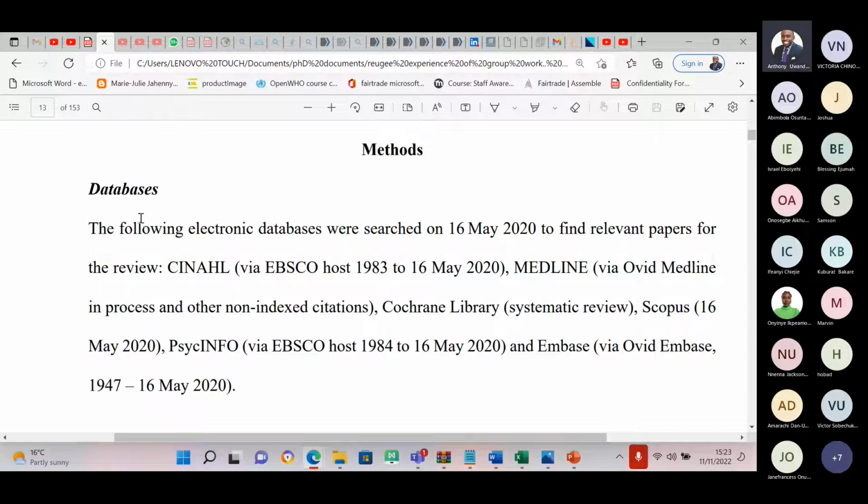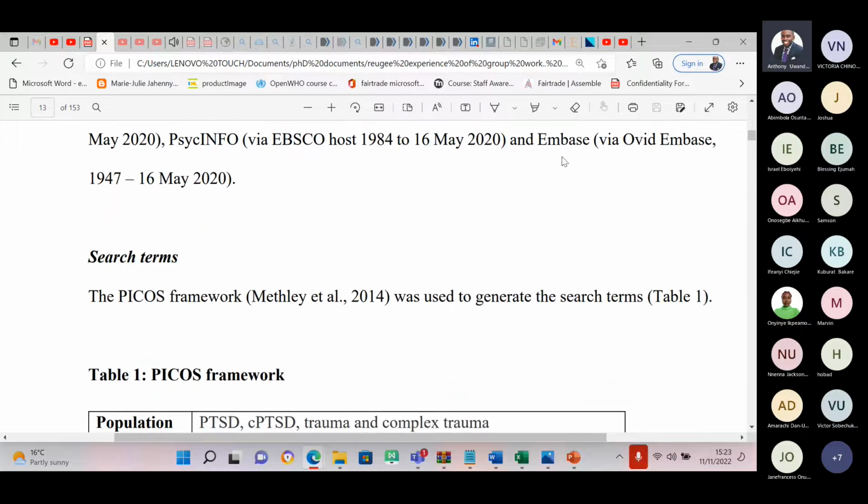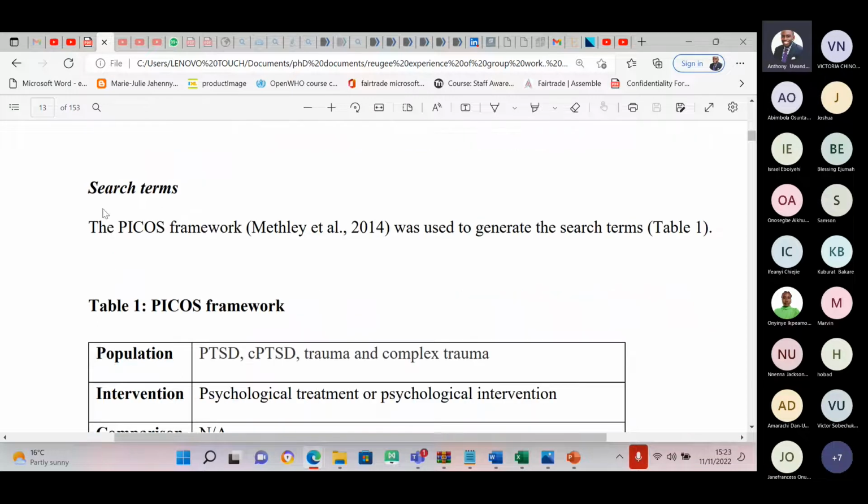You will say the databases that will be searched include CINAHL, Medline, Cochrane. Remember that you have not done the search yet, so you say these different databases will be searched. You list them, 1, 2, 3, 4, 5, the ones that you want to search. Then you tell me the search terms that you want to use.